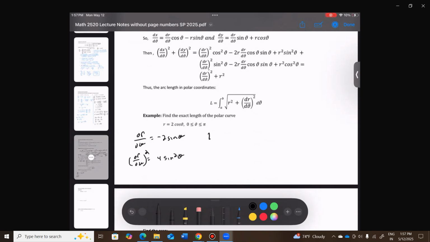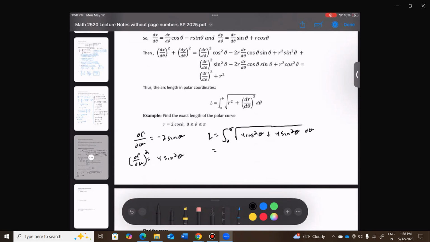And so the length is equal to the integral from 0 to pi of the square root of r squared, which is just going to be 4 cosine squared theta, plus 4 sine squared theta, which is your dr d theta squared, d theta.